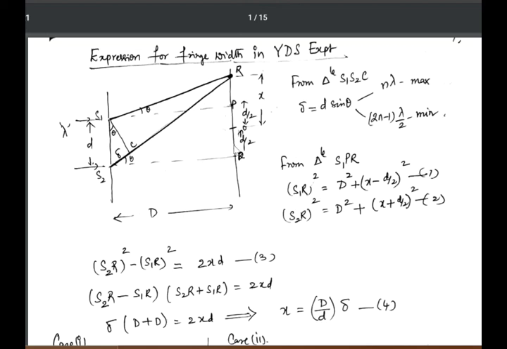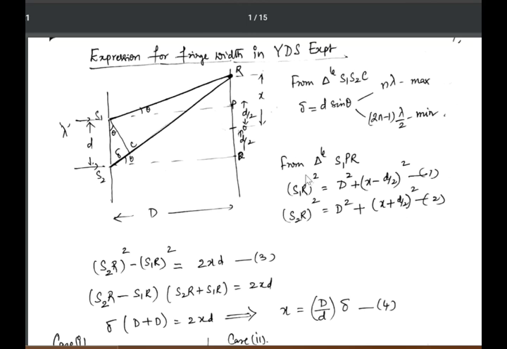S1P is D, therefore it is D square plus, distance PR will be (x minus d by 2) whole square. That is equation 1.